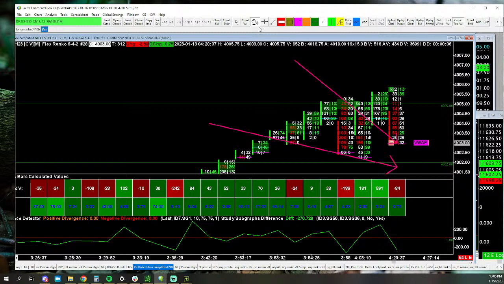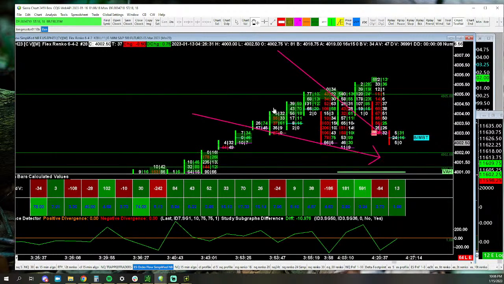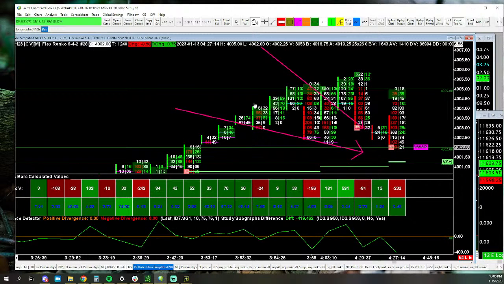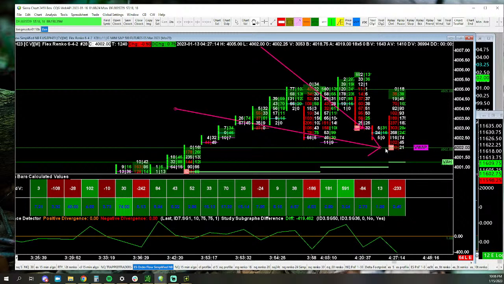So once we get there, well, I'm assuming we get there now. Let's see what happens. Once we get there, notice all of the sellers there. Just a ton of sellers. And look what happened to Delta. It went up exponentially, right? And notice speed here, still very slow.